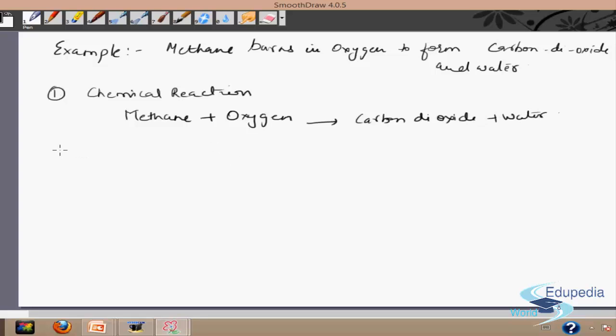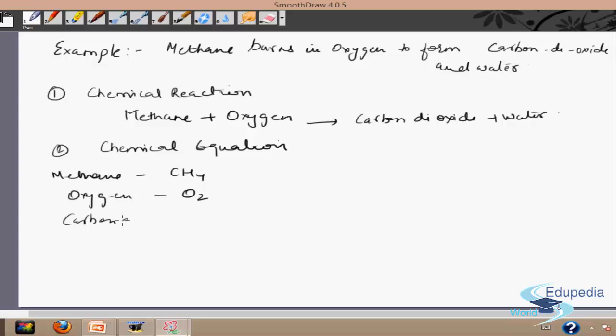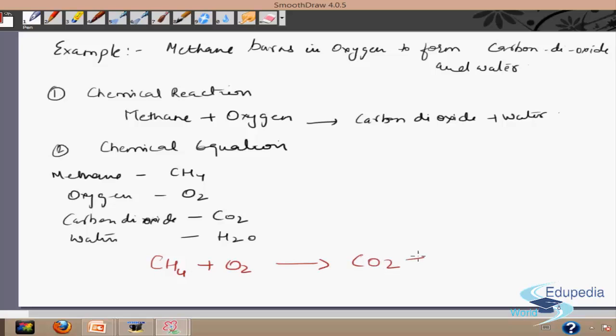Now let's write down the formula, that is, the chemical equation. As we know, methane is CH4, oxygen is O2, carbon dioxide is CO2, and water is H2O. So this is the chemical equation: CH4 plus O2 gives out CO2 plus H2O. This is the reactant and this is the product.